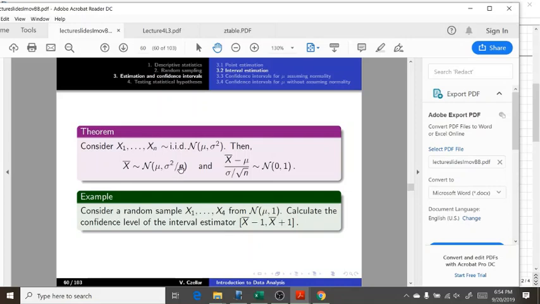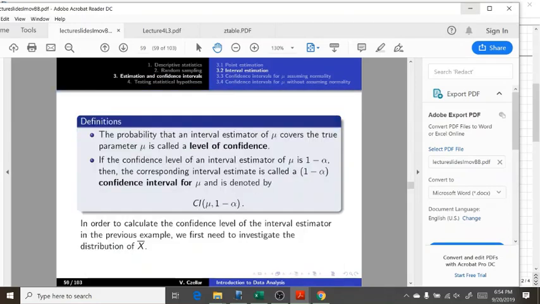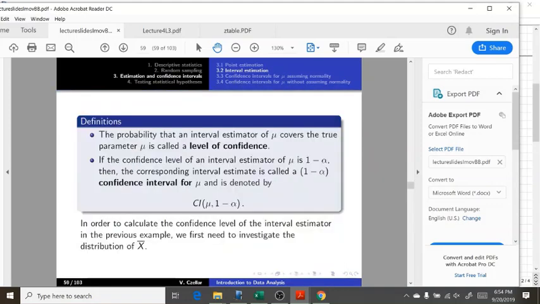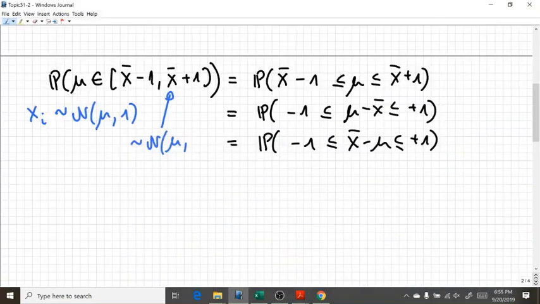here n is equal to 4 in the previous example, right? I had 4 observations, right? So then sigma squared divided by n is just 1 divided by 4. And as a result, here I almost have a standardized random variable.